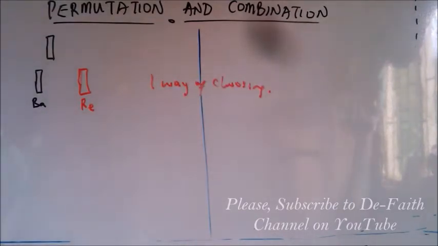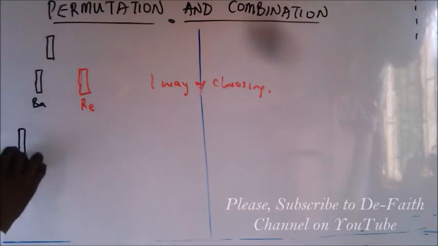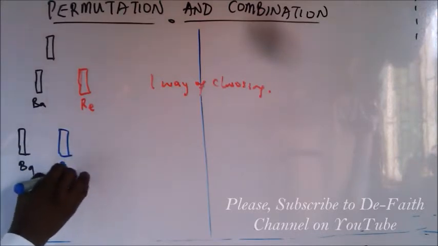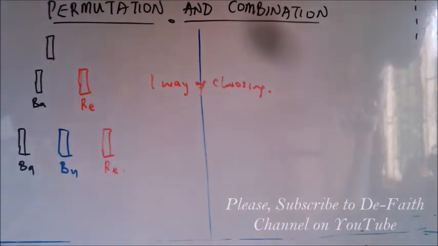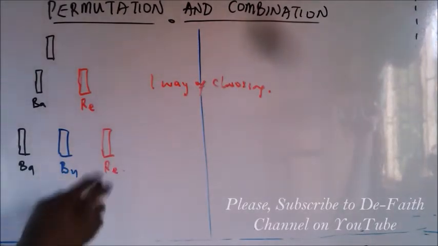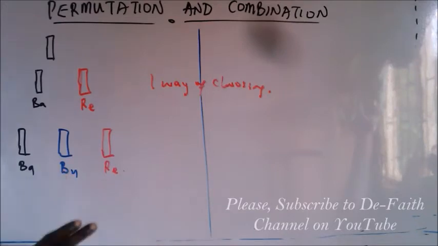Next, if we introduce a black marker, a blue marker, and a red marker. Now with this, if we are told to select 2 markers out of these 3 markers, in how many ways can we select or choose 2 markers out of these 3?